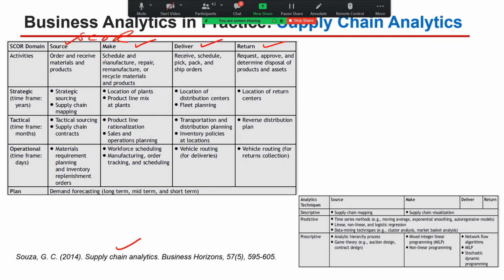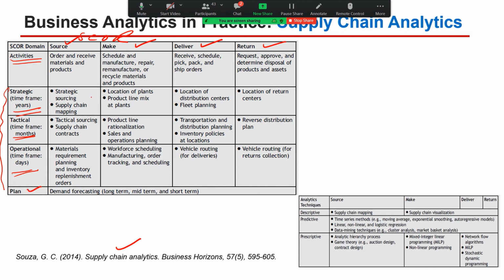In every particular domain, what kind of activities we can perform, and then these are the decision levels, whether we are making strategic decisions, tactical decisions or operational decisions, and obviously all these decisions are based on planning.